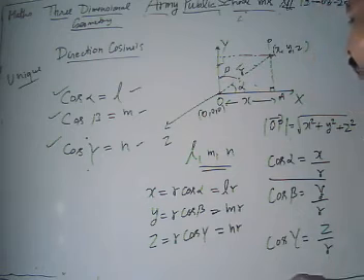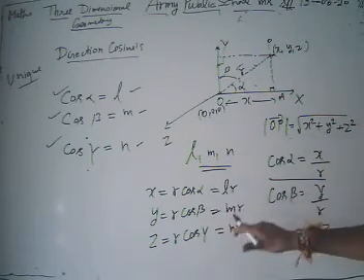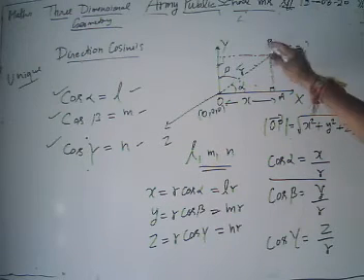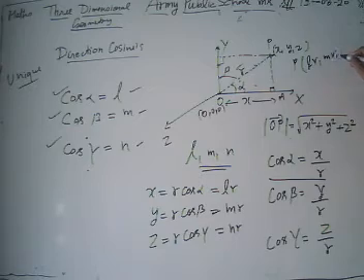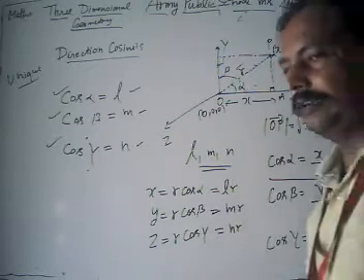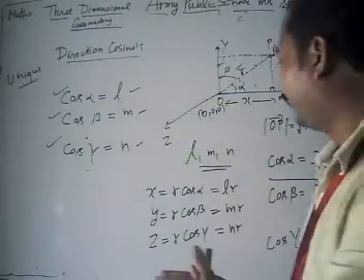Then in terms of direction cosines, the position of point P is given by lr, mr and nr.